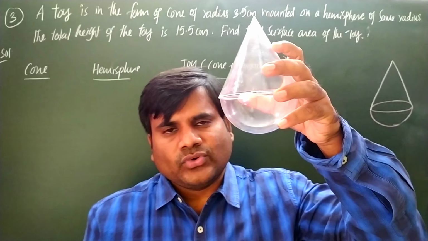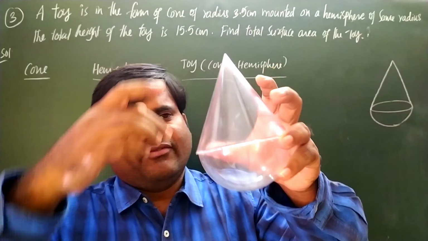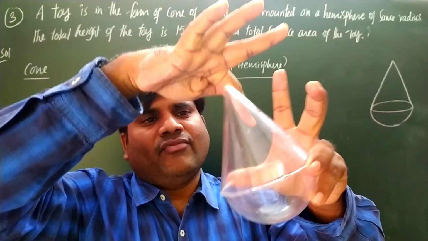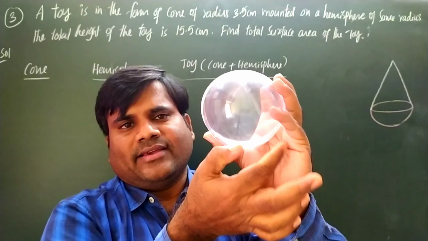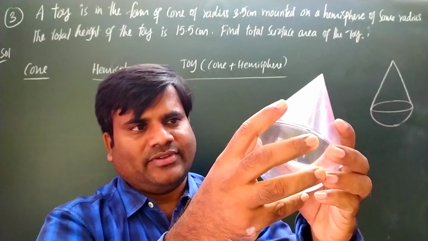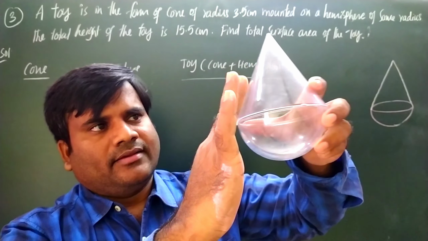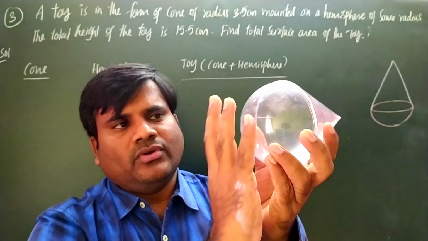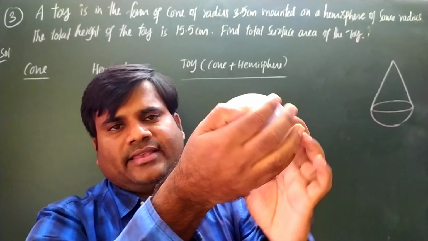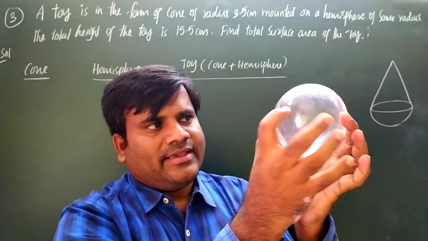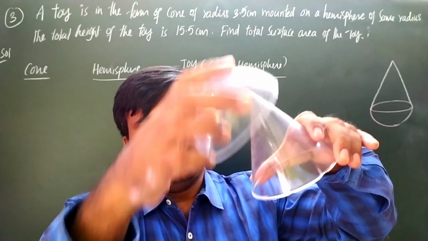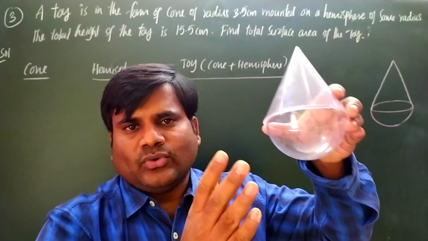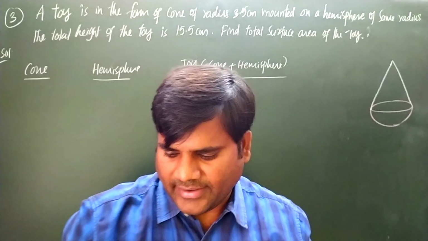So to find the total surface area of this toy, we need to find CSA of cone plus CSA of hemisphere, just to see the outer surface of this toy. This one is CSA of the cone. This surface is CSA of hemisphere. So CSA of hemisphere plus CSA of cone is the total surface area of the toy.